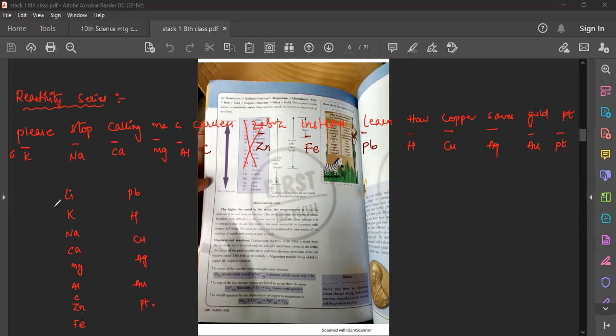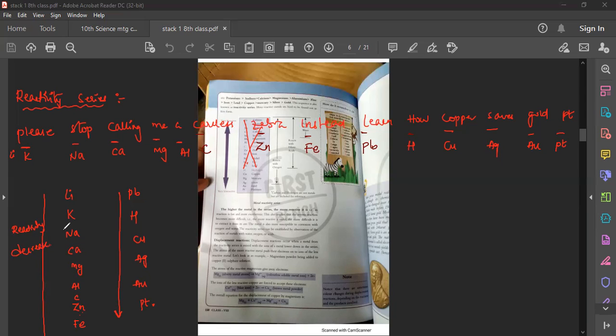Sir, gold is less reactive than platinum, right? No. Gold is more reactive than platinum. As you go from top to bottom in the reactivity series, the reactivity will increase or decrease? Decrease.